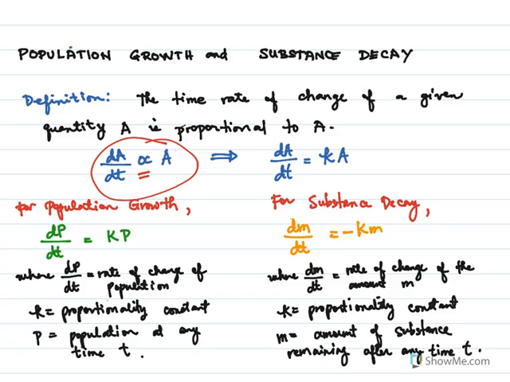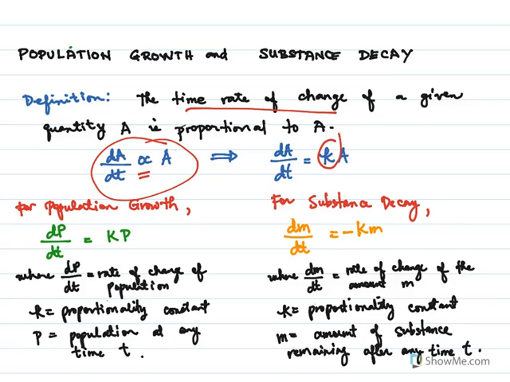When you talk about time rate of change, the derivative is always with respect to time t. To make this an equation, we multiply A by a proportionality constant, so that's k. So you have your equation dA over dt is equal to kA.